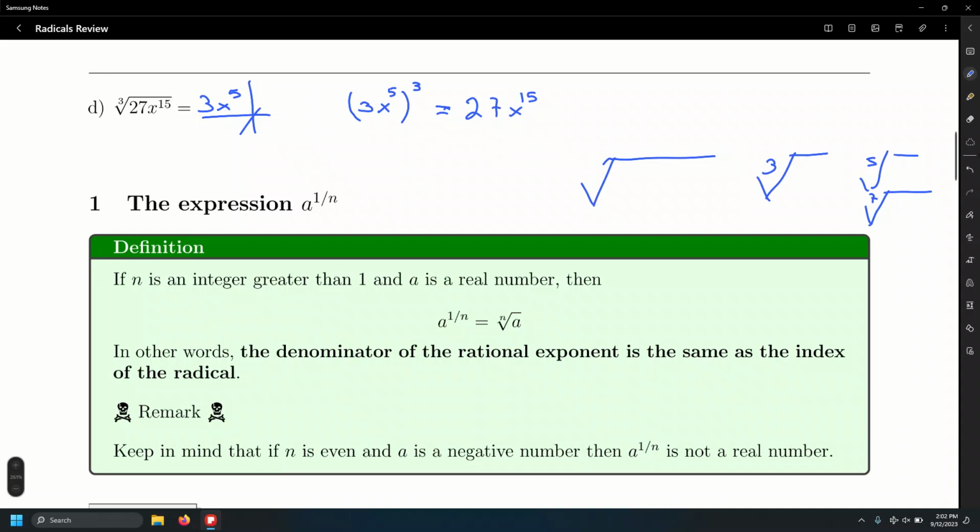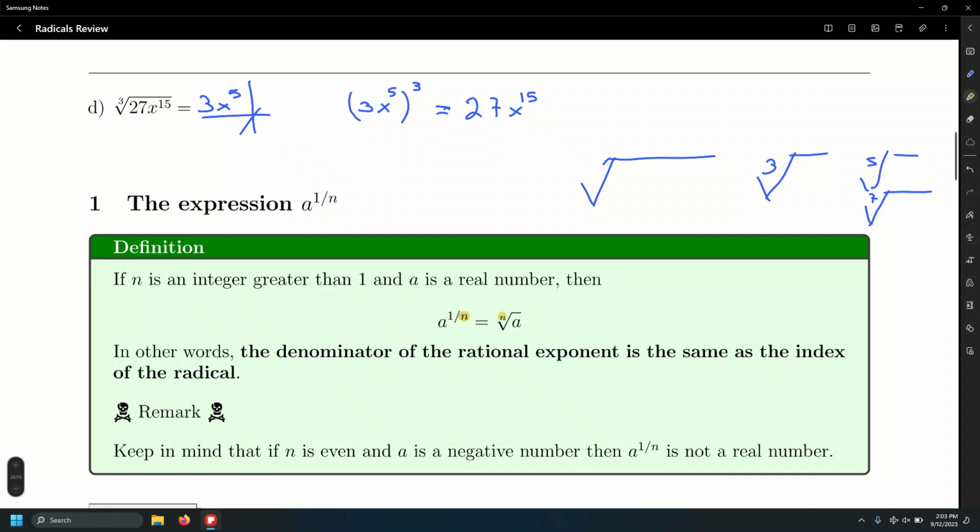When you have the expression, a quantity, not just a number, it could be a number times a variable, raised to the 1 over n, the denominator of the rational exponent is going to be the index of the radical. Again, let me highlight this. The denominator of the rational exponent is going to be the index of the radical.